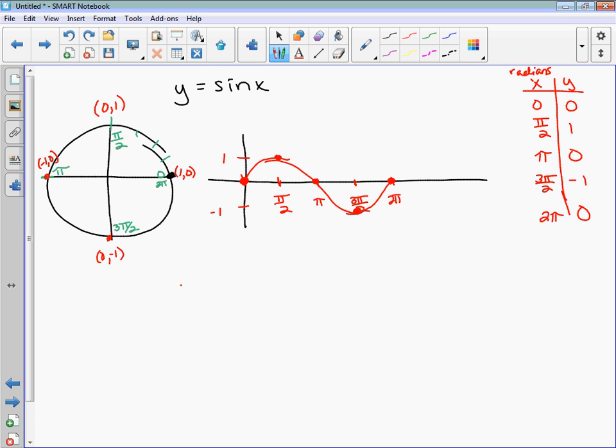So if you want to squeeze that in, the period, how long it takes to repeat. So right now the period of this graph is 2 pi.